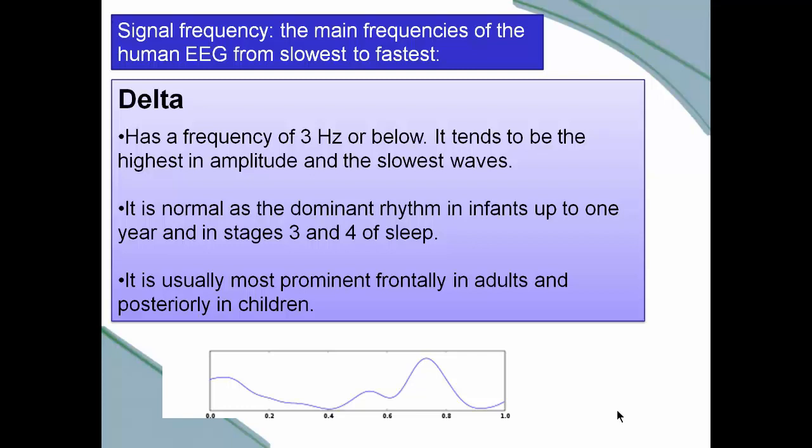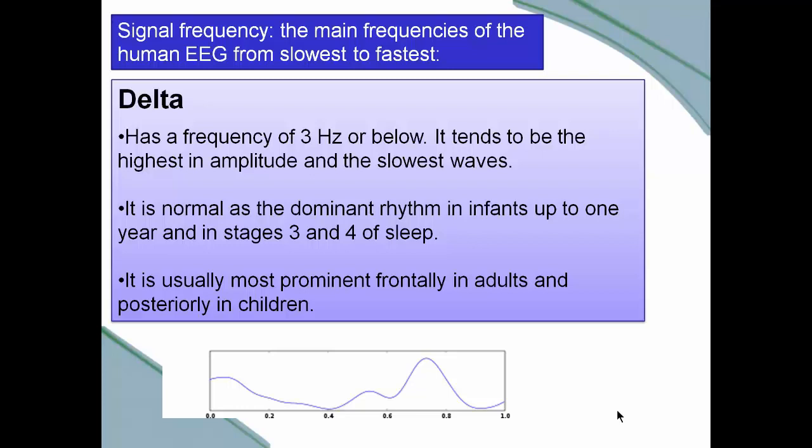Let's start with delta. Delta has a frequency of about 3 hertz or below. So it is clearly very, very slow. Like if you were to tap your hand and do that 3 times per second, that is a 3 hertz signal.